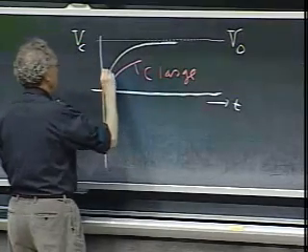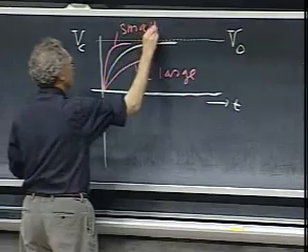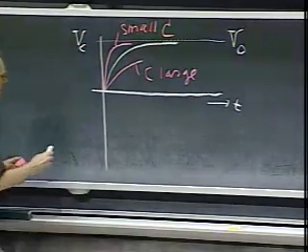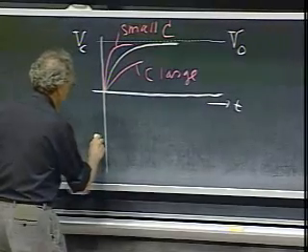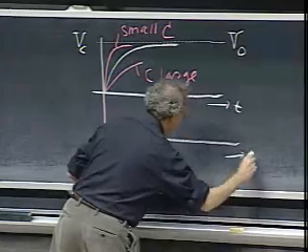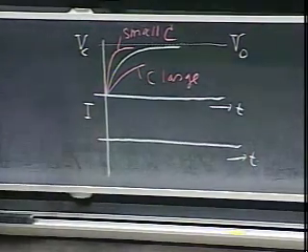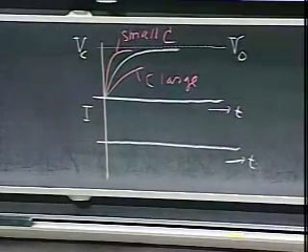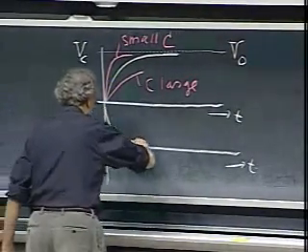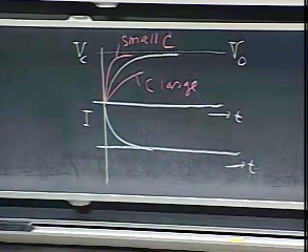And if C is very small, then it will go much faster. The current as a function of time: in the beginning the current will be high, but ultimately the current will die down when the capacitor is fully charged. So you expect something like this. This you can do without any differential equations.